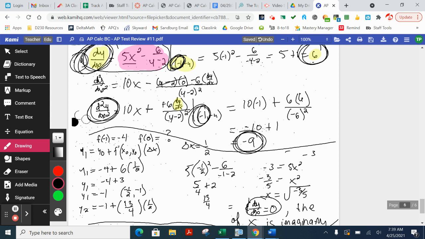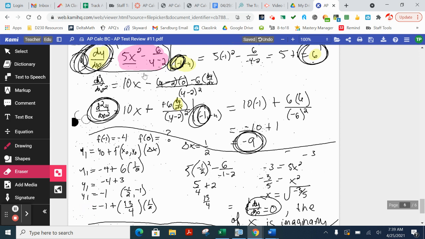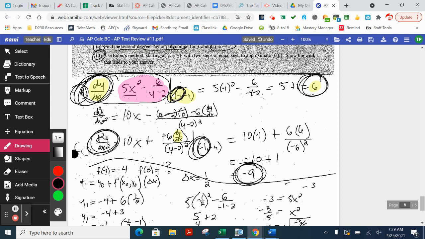So that's our value. And honestly, at this point, I would leave this as your numerical answer. They will take that as your answer. The one thing we do want to change, though, before we determine that this is our answer, we don't want to leave this as y sub 2. We don't want to leave this as an equal sign. We now want to state what they were looking for. What they were asking us to find is to approximate this f of 0.